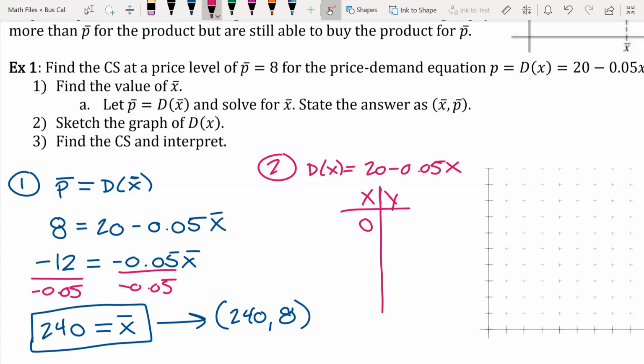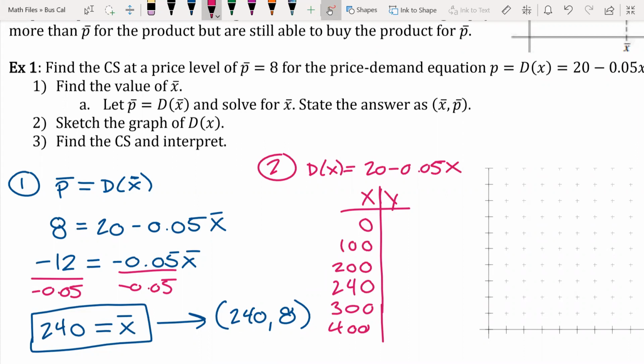And since my x bar value is 240, let's just go by 100s. So we're going to have 0, 100, 200. Why not put 240 in there? And then 300, and we could probably stop at 400.